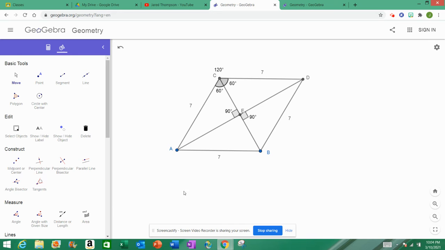I wonder if that happens all the time. Let's go see. There's another 120. Remember, opposite angles are congruent, so the fact that these are 120 shouldn't surprise us. Now let's see what happens when we measure the pieces again.